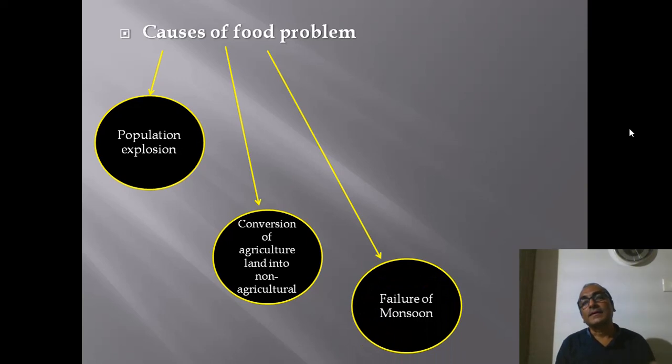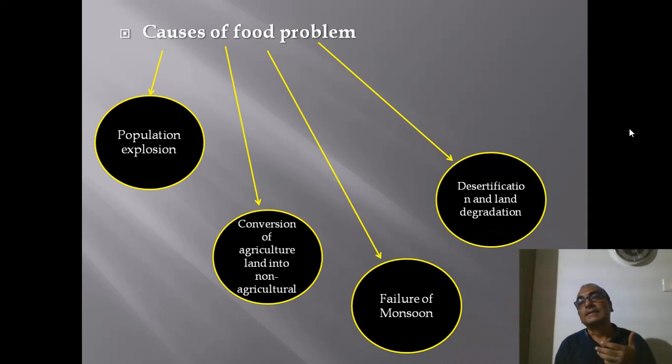Then the third is the failure of monsoon. A natural reason: the monsoon was not regular. And then there was desertification and land degradation because of human activities like deforestation. The fertile land was becoming barren, and that's why the food problem was experienced.